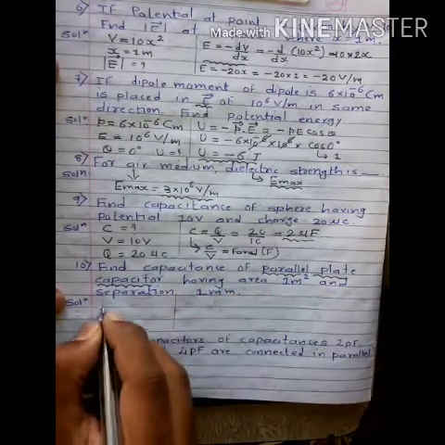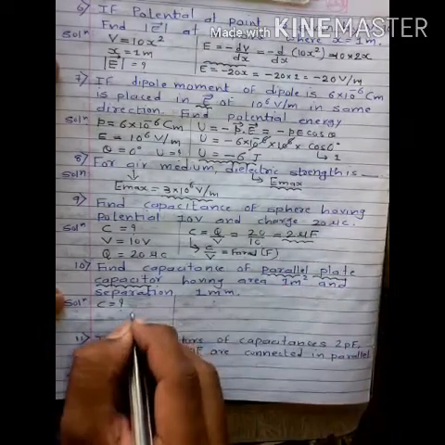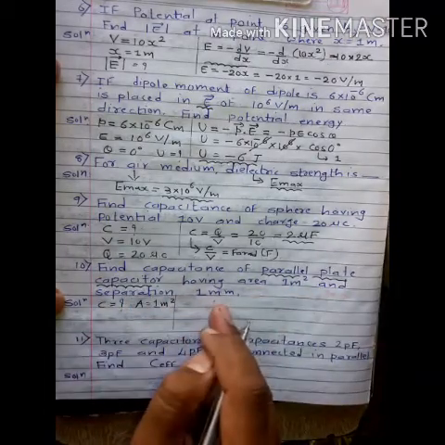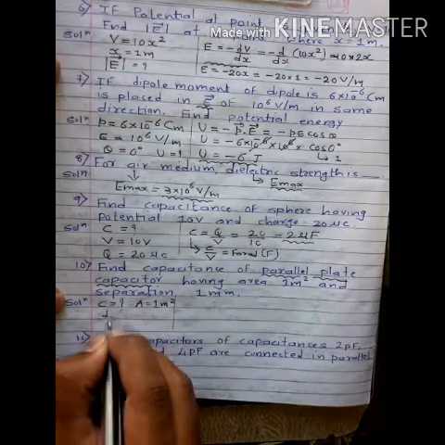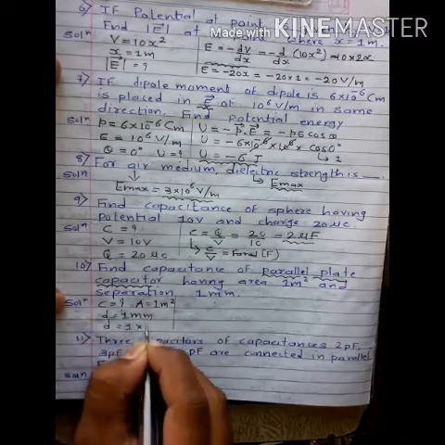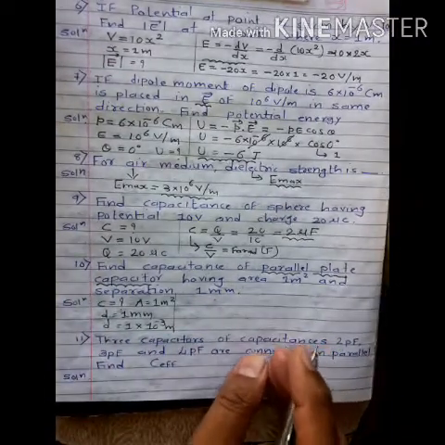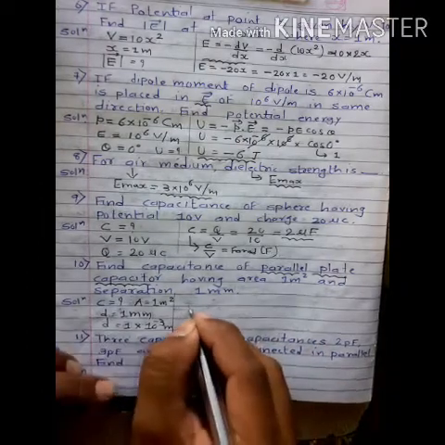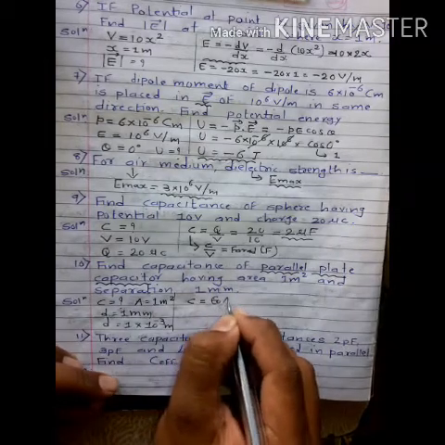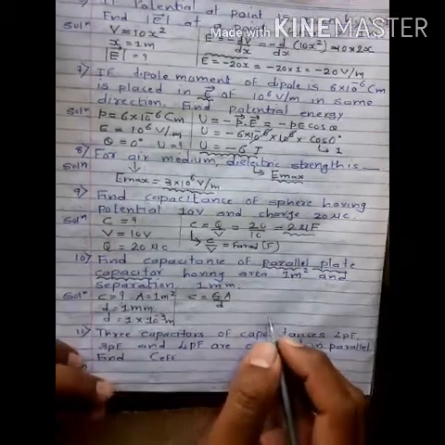Area is given 1 meter square and separation distance 1 millimeter. 1 millimeter means 1 into 10 raised to minus 3 meter. Now this is our standard system, and for a parallel plate capacitor, capacitance C is equals to epsilon 0 A upon D. This is an important equation of this chapter.